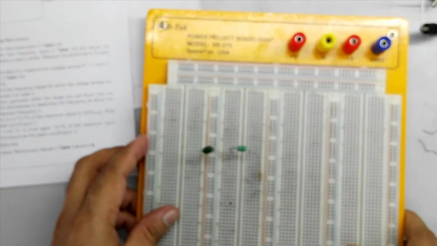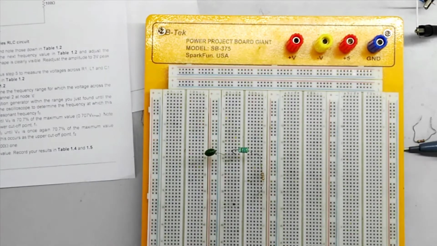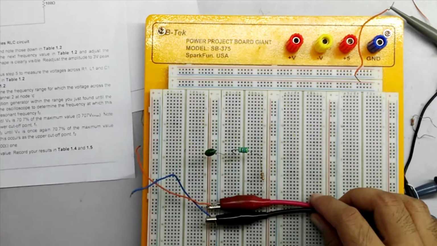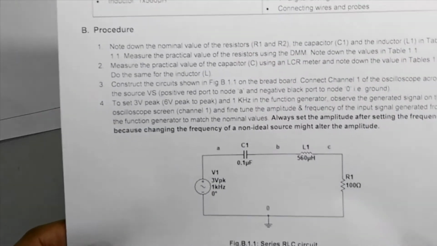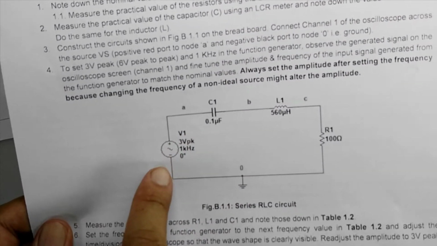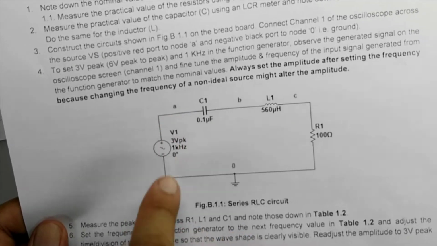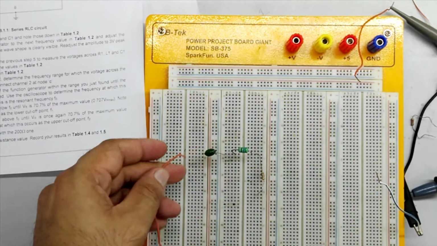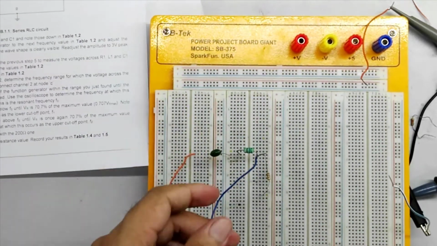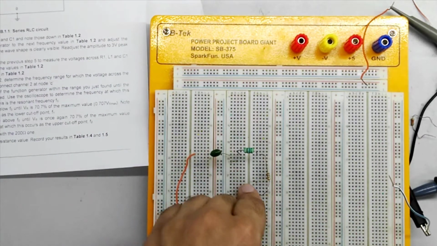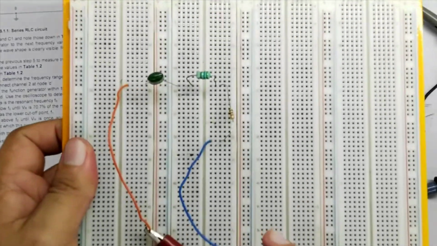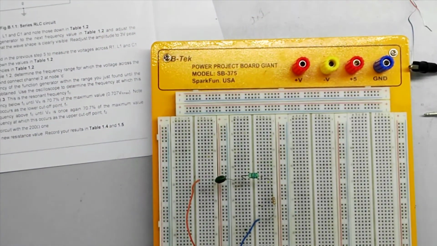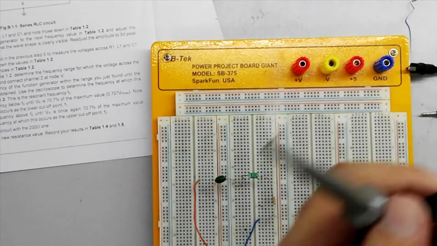Now we attach our function generator, which will be our source. From the circuit diagram, we see that the source is connected between node A and node 0. So I attach the red wire to node A and the black wire to node 0. So we have completed our circuit. Now we will attach the oscilloscope.